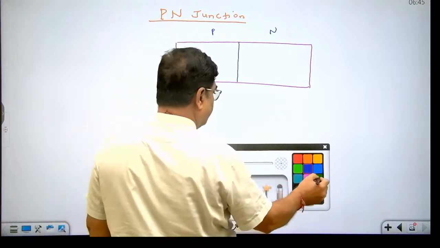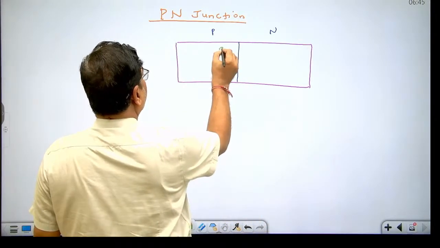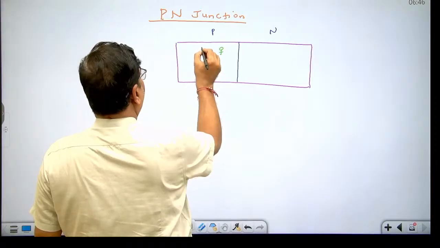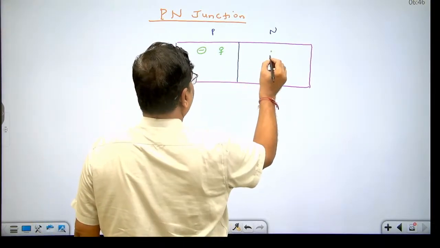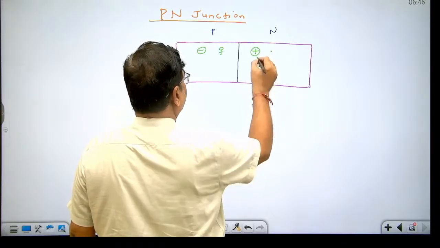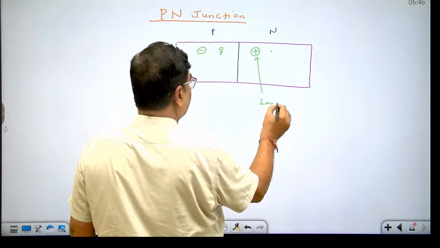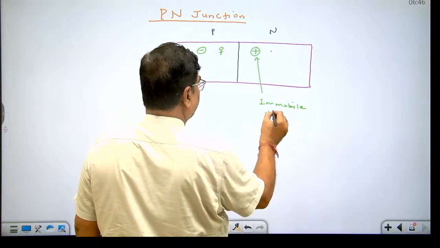In case of p-type semiconductor crystal, majority charge carriers are holes, and this is immobile negative ion. Here majority charge carriers are electrons, and this is immobile positive ion.